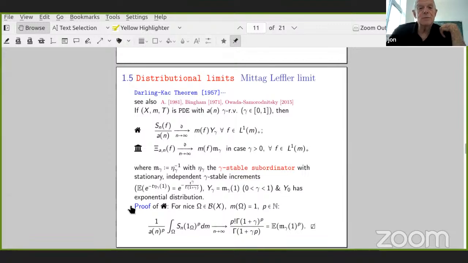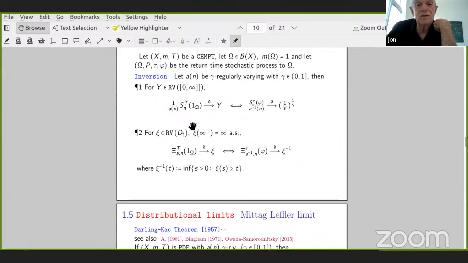Y_0 actually has an exponential distribution, and you could stretch it by saying that the Mittag-Leffler of order 0 is just a constant process, given by one exponential random variable.